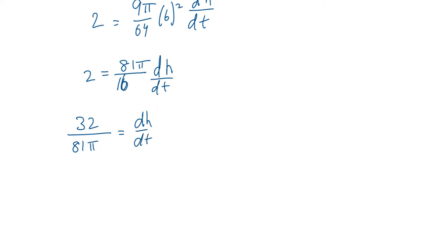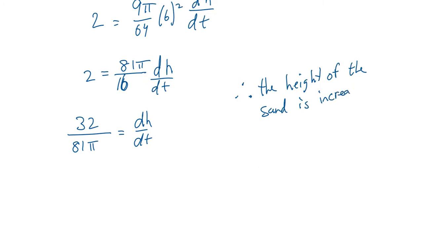Okay, so this is the rate of change of the height, so we would say therefore the height of the sand is increasing. You don't just say what the number is. You have to interpret what that actually means.